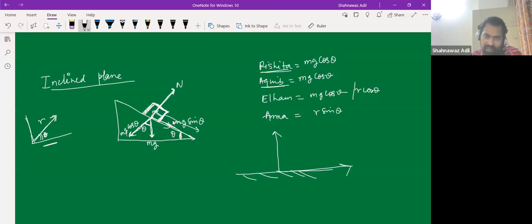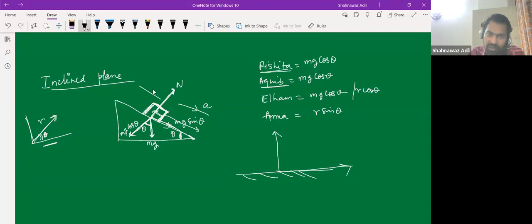So it has an acceleration in this direction. But it doesn't have any acceleration or motion in this direction. Is this part clear? Yes, sir. So we have to understand when we have to use the equilibrium condition and when we have to use the acceleration part, or F net, right?